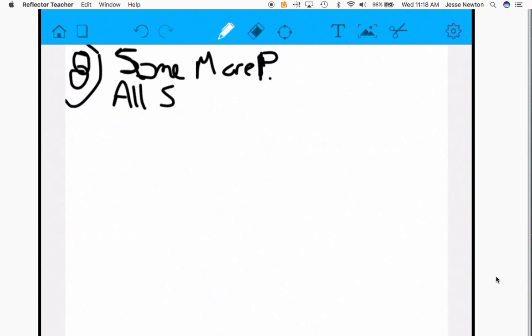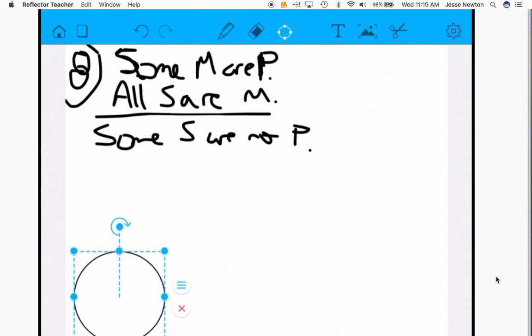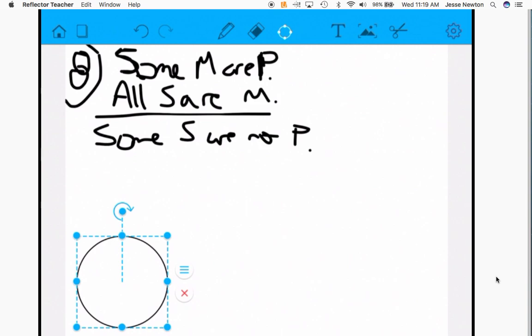All right. All S are M, some M are P, some S are not P. This is the argument we're given for number 8, and we're going to draw our Venn diagram here.